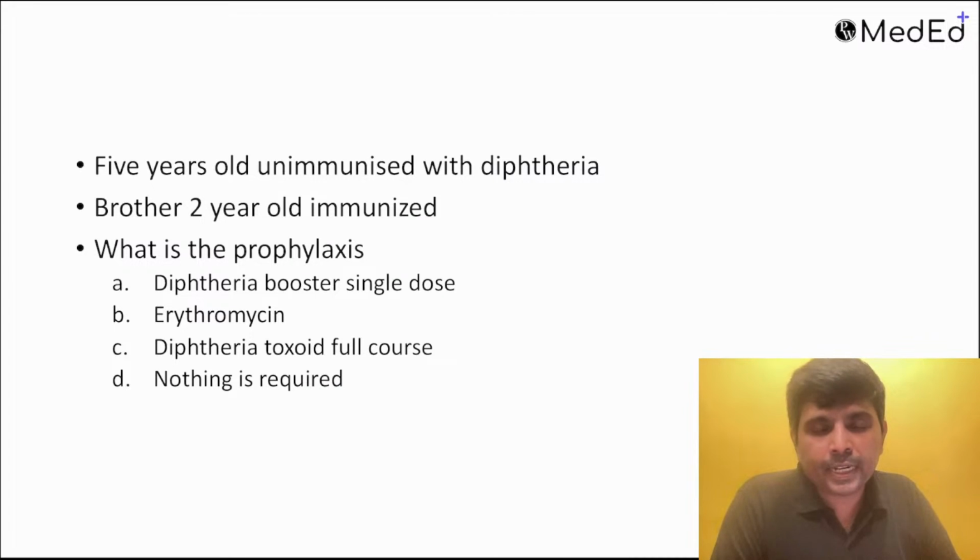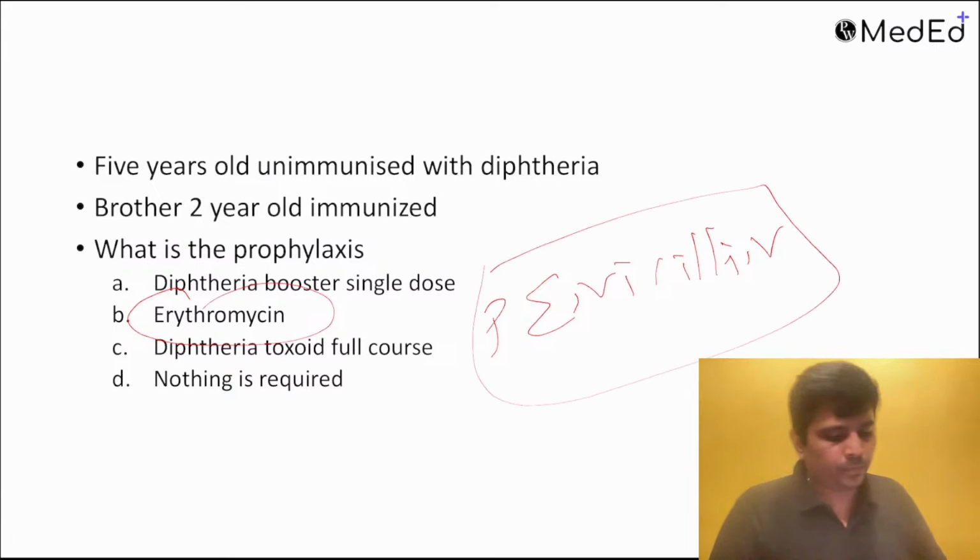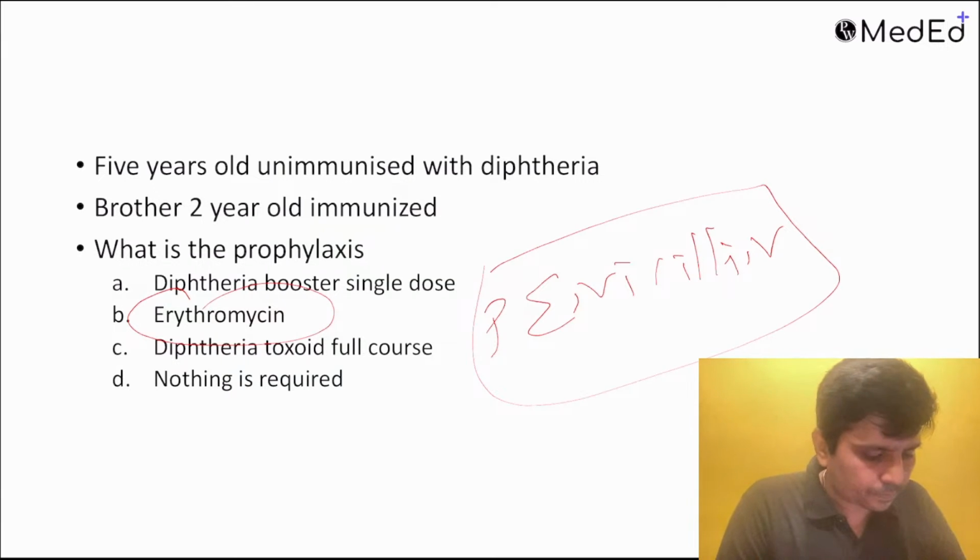Any contact, irrespective of immunization status, should receive a single dose of erythromycin. If erythromycin is not there and penicillin was given instead, you can opt for that. All contacts, right.